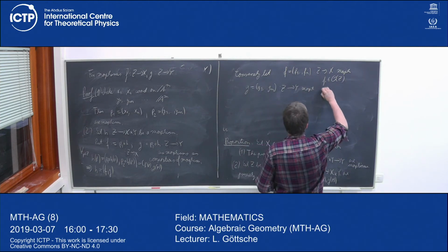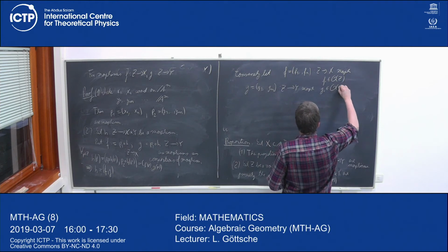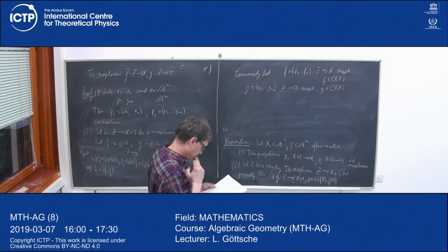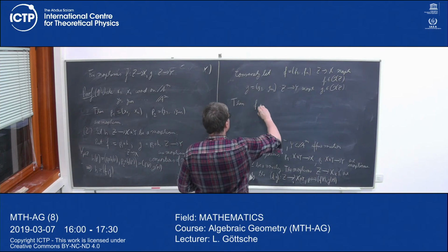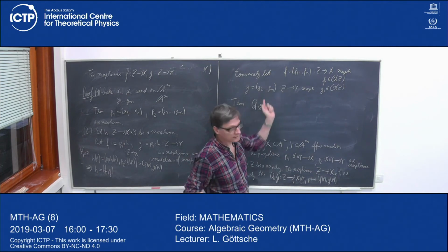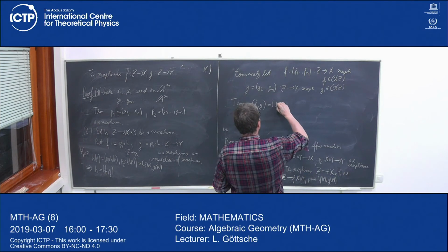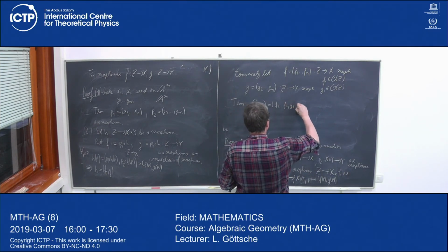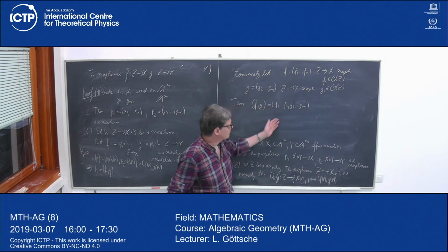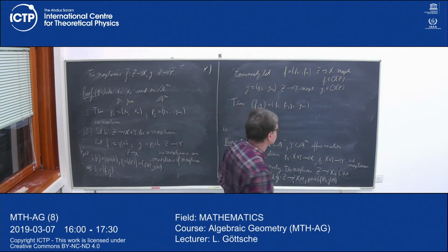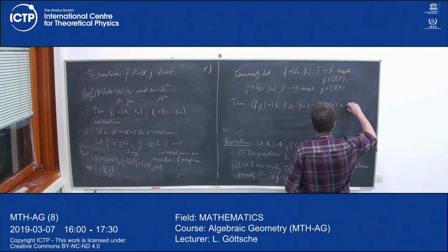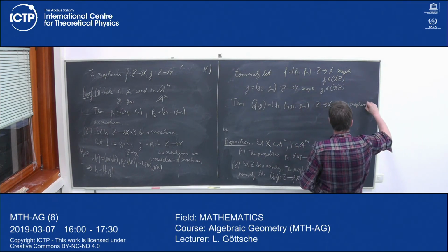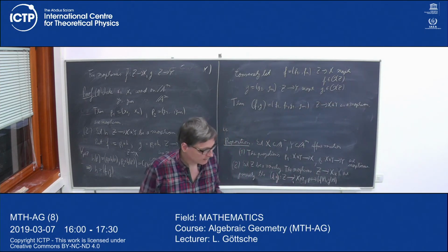That means that all the gj are also regular functions on Z. Then obviously, if I take the map (f, g), this is just given by putting these things together. So this is just f1 to fn, g1 to gm. So it is given by an n plus m tuple of regular functions. Okay, so we have just used directly the definitions.